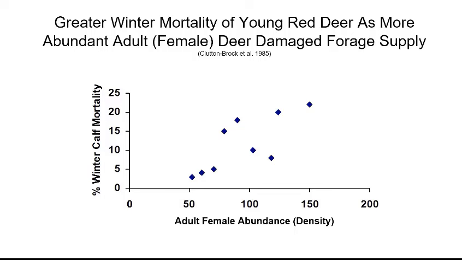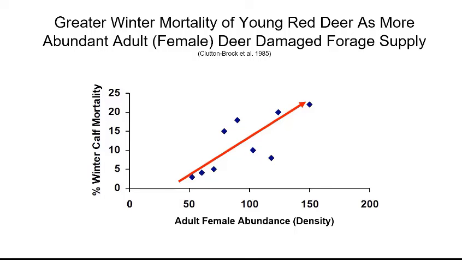At higher rates of abundance, when you get out to 150 adult females on the landscape, you see the winter calf mortality out around 20 to 25%. So clearly, another example where increasing population density damaged the forage supply, and in this case, it increased the winter calf mortality.